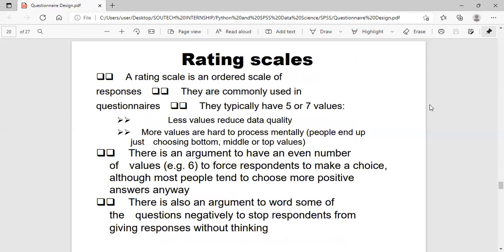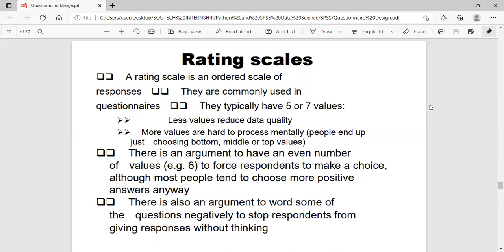Yes. Next, slide 20, rating scale. What is a rating scale? A rating scale is an ordered scale of responses. They are commonly used in questionnaires. They typically have 5 or 7 values.